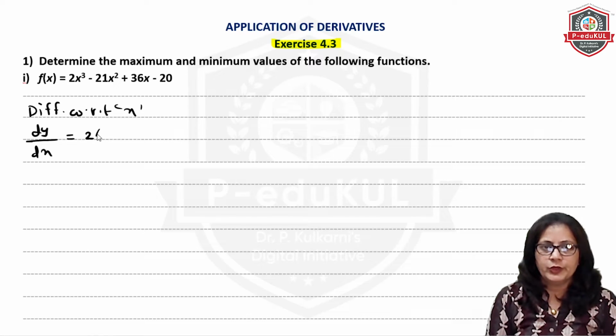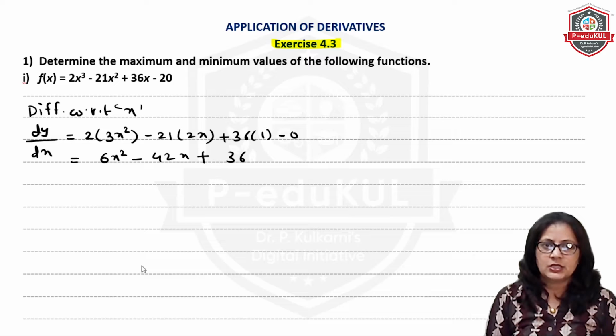is equal to 2 into 3x square minus 21 into 2x plus 36 into 1 minus 0. So this will be 6x square minus 42x plus 36.